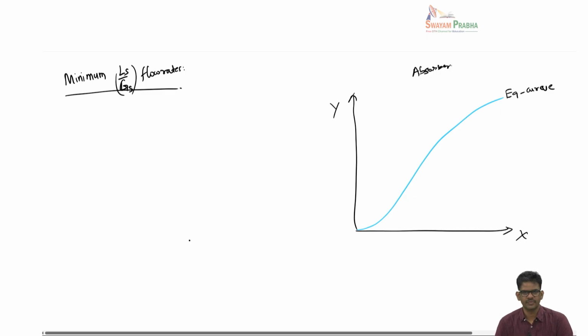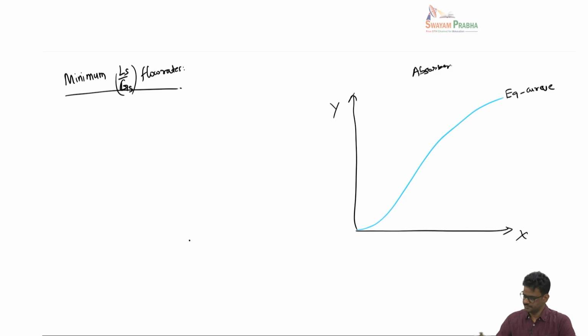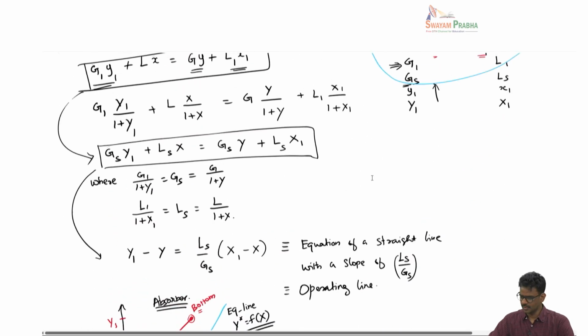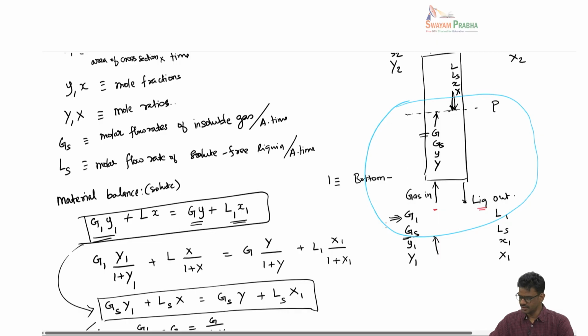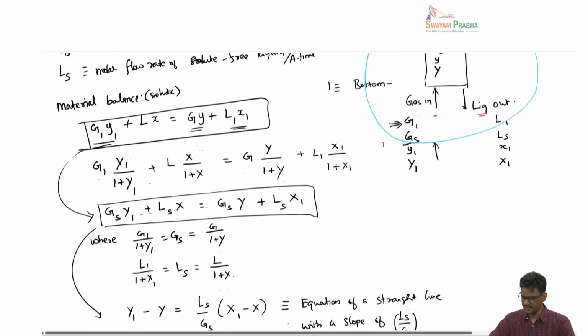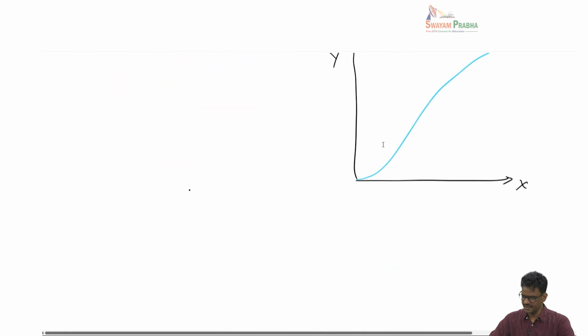So in an absorber, generally the composition on the top, this is a composition at the top, will be specified, and that we can identify as somewhere here. So this is the top of the absorbing column. So this is Y2 and this is X2.